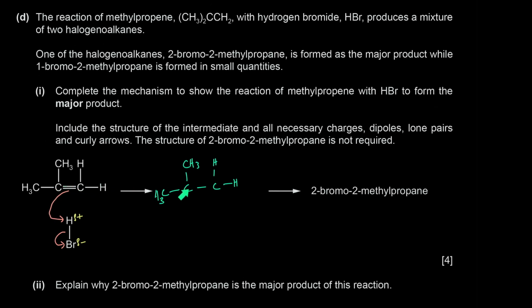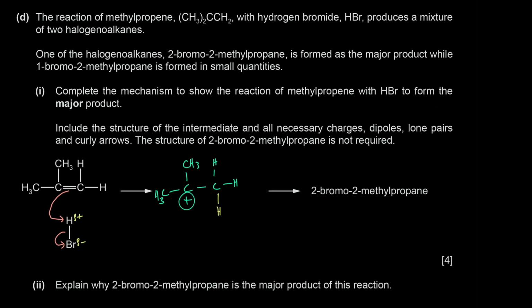Because we're going to get a carbocation, the hydrogen will go on the carbon with more hydrogens so that we produce this carbocation. This is a tertiary carbocation. The carbon with the positive charge is bonded to three different carbon atoms. If the hydrogen went here and the positive charge went to the right, then we'd have a primary carbocation, which is not as stable.